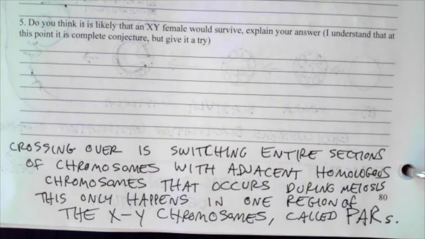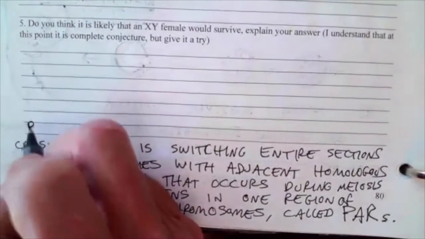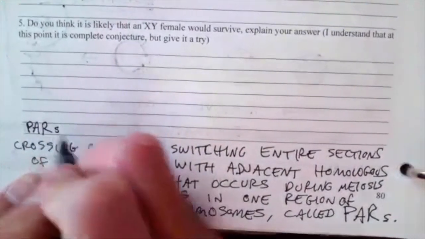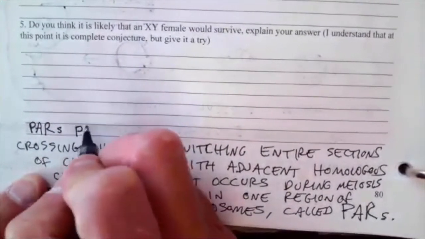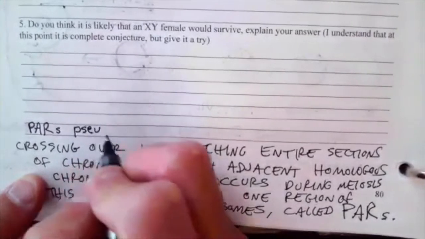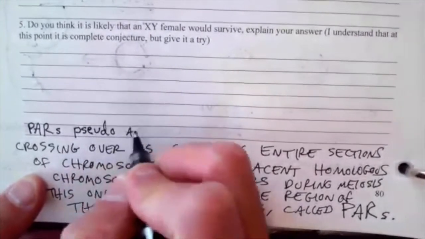PAR, okay? It is the pseudo-autosomal region. We should go ahead and define it. I've never known how to say this word. Pseudo-autosomal region.